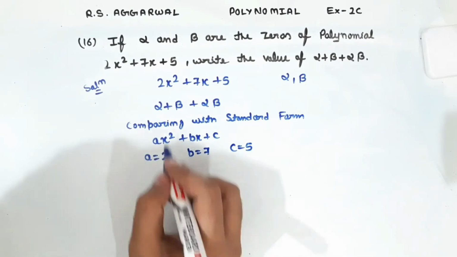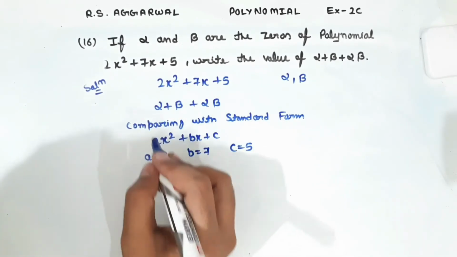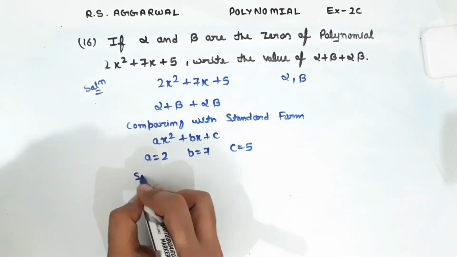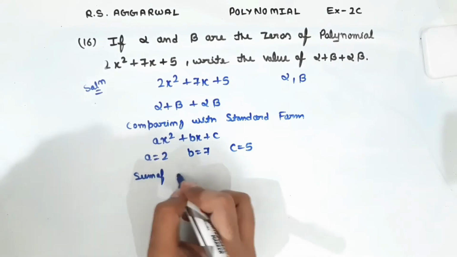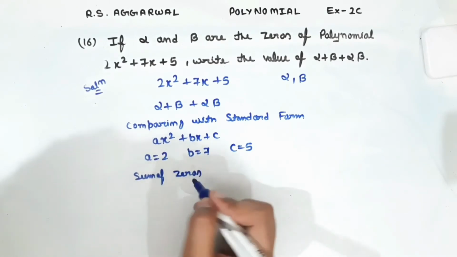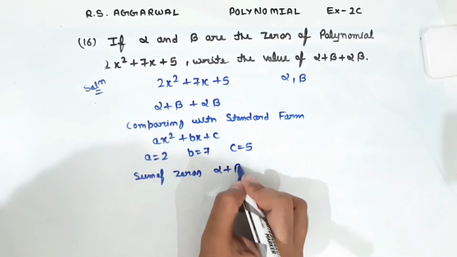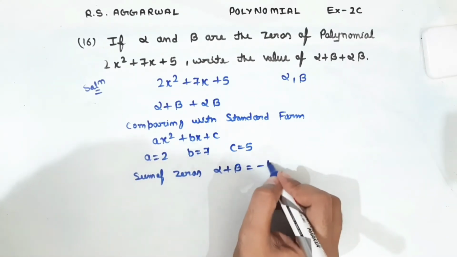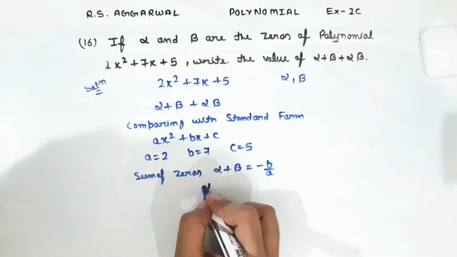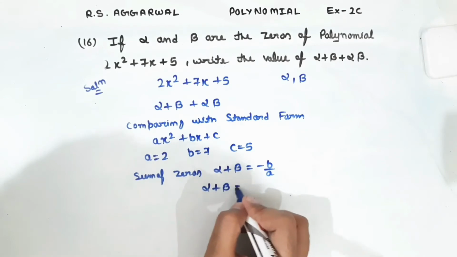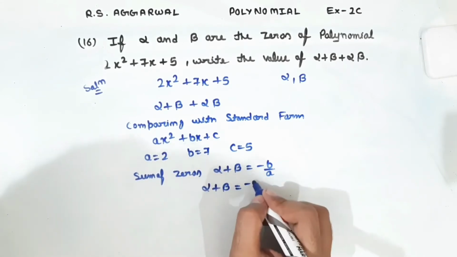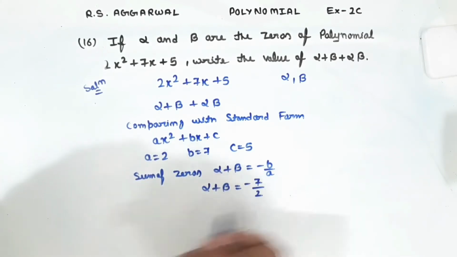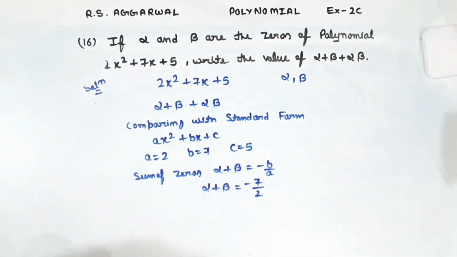So from here, the sum of zeros of this polynomial will be alpha plus beta, that is equal to minus b upon a. So alpha plus beta will be equal to minus b is 7 and a is 2. So this is alpha plus beta.